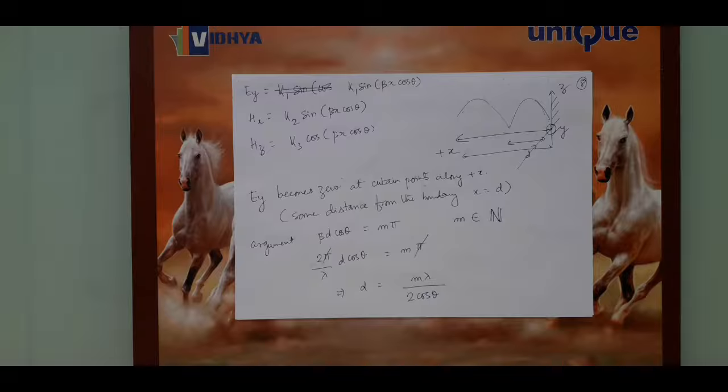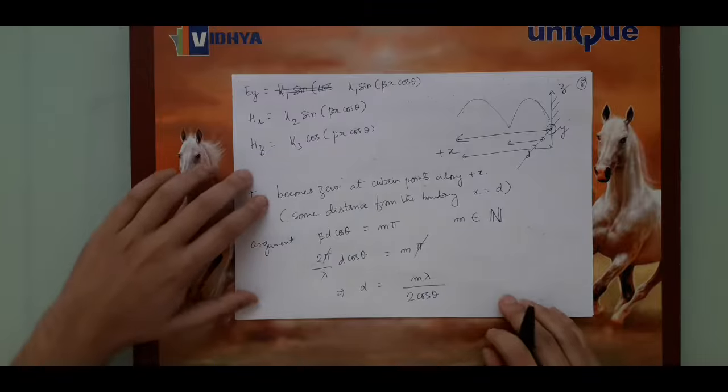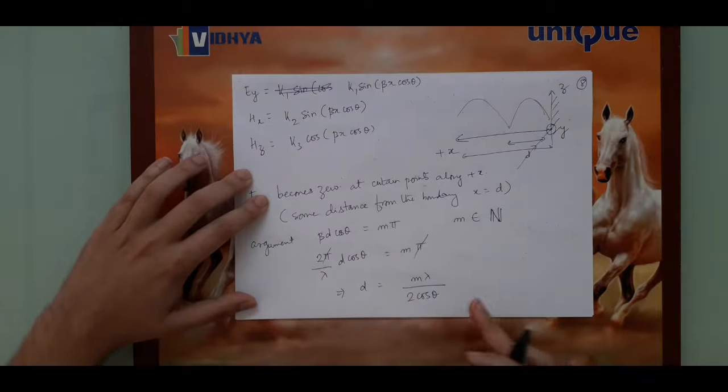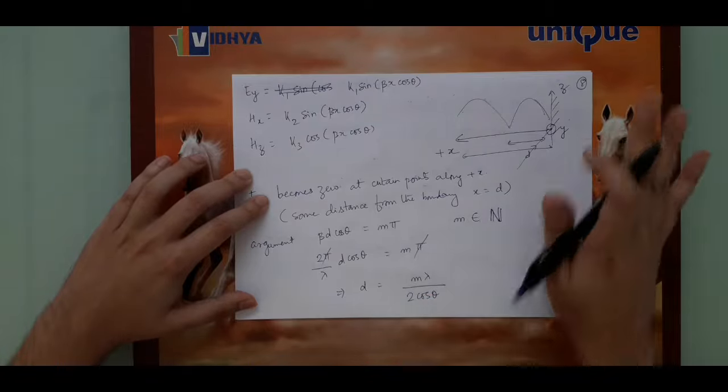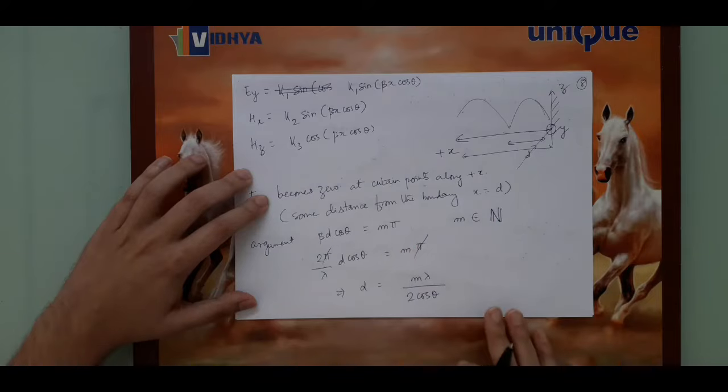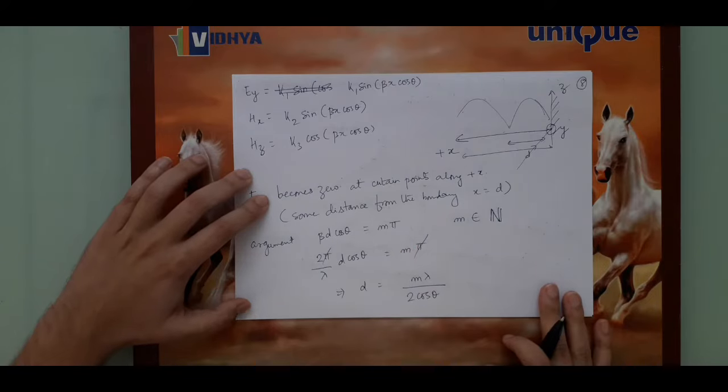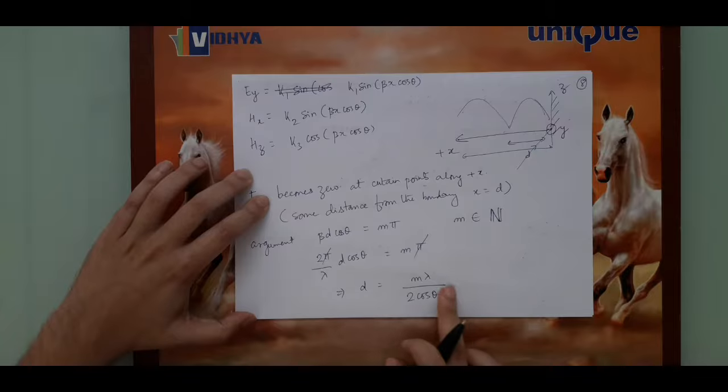So what I am saying is that at every distance of some multiple of lambda by 2 times some constant, it's not exactly lambda by 2, but there is some implicit connection of lambda by 2, and at every integral multiple of this quantity, the electric field will die down to 0.